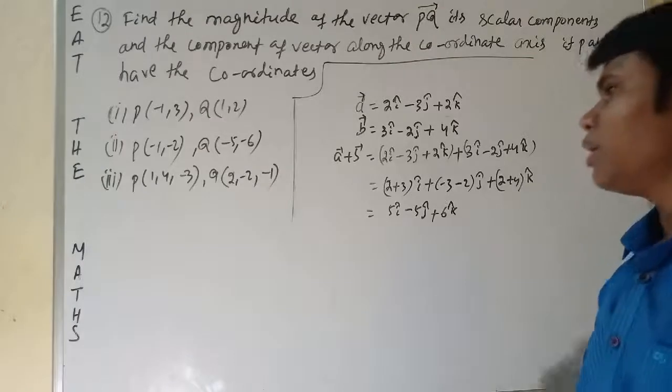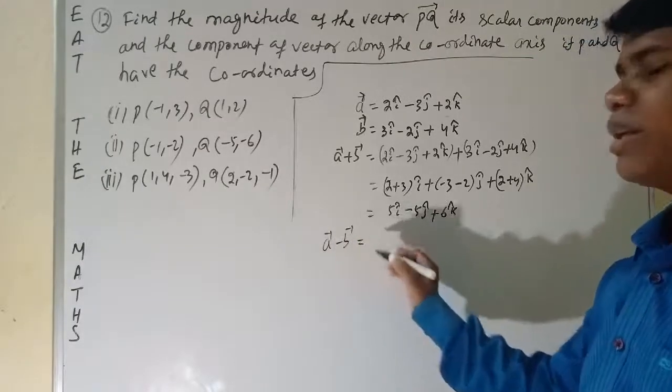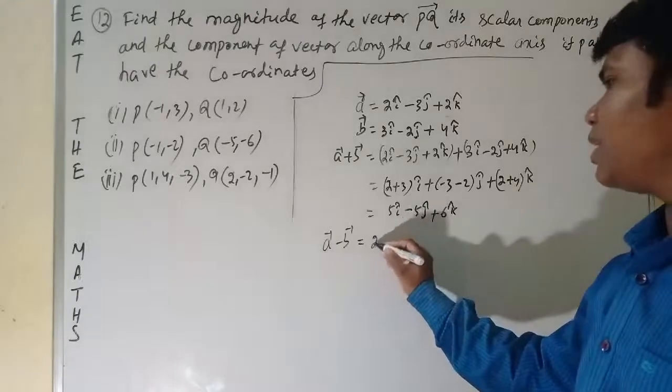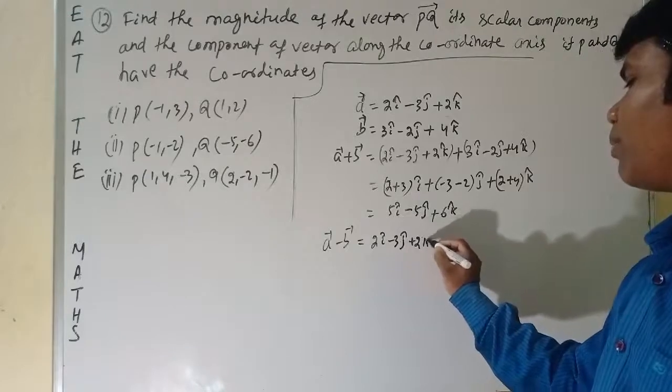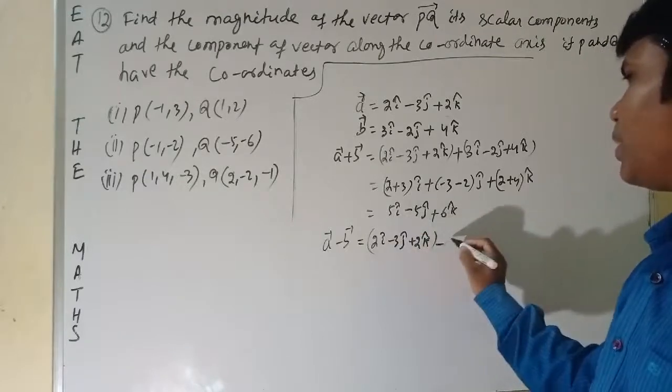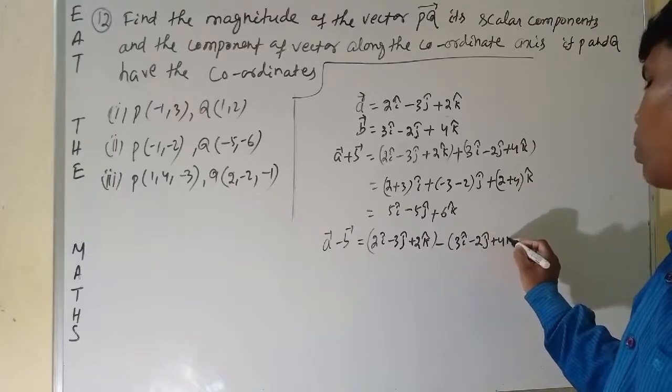Suppose we subtract a minus b, vector a minus vector b. That is 2 i cap minus 3 j cap plus 2 k cap, minus 3 i cap minus 2 j cap plus 4 k cap.